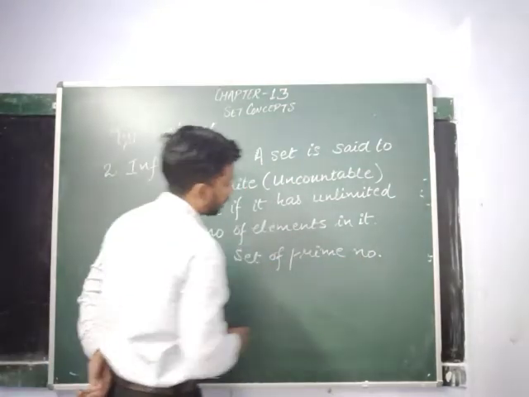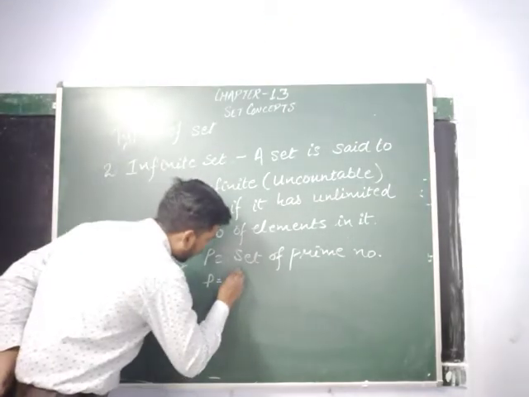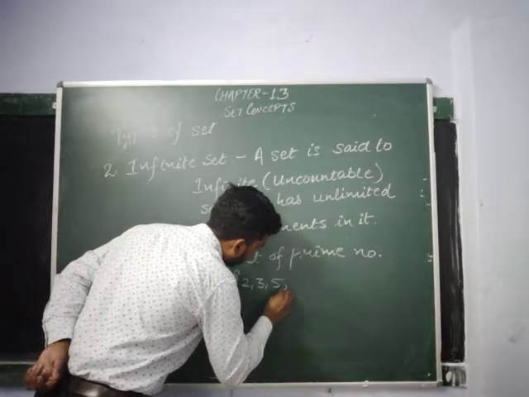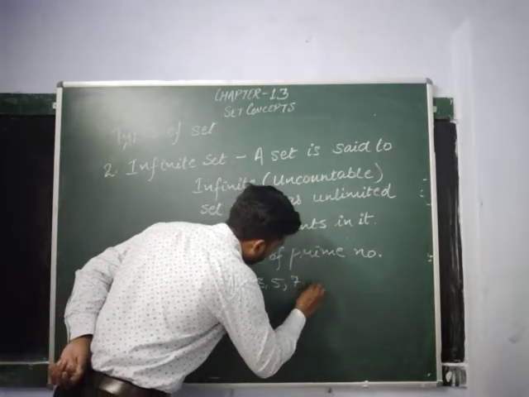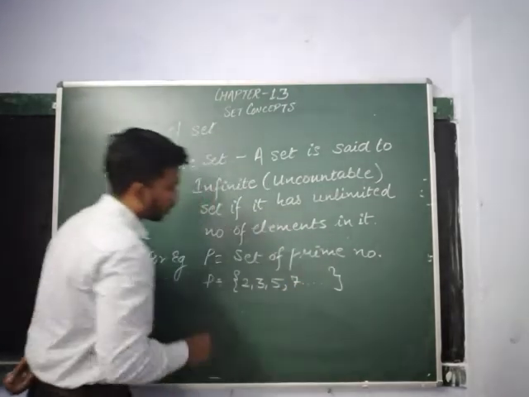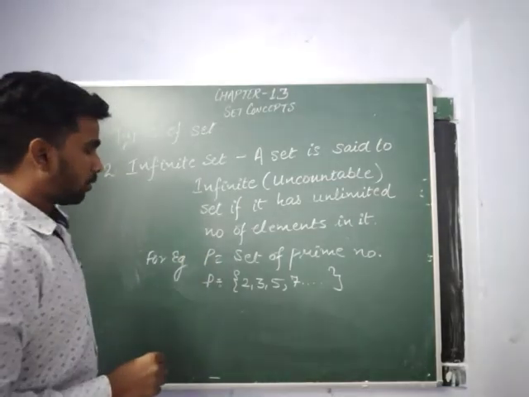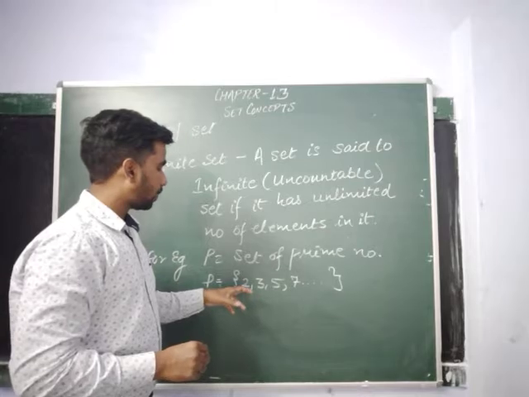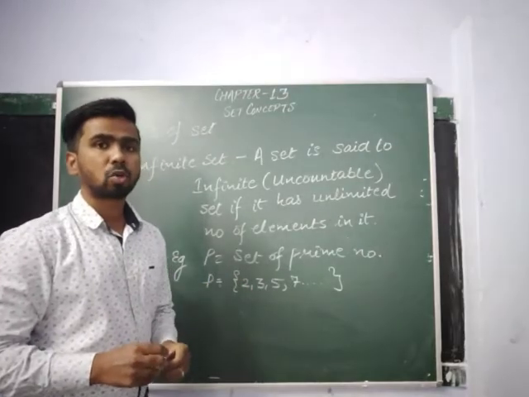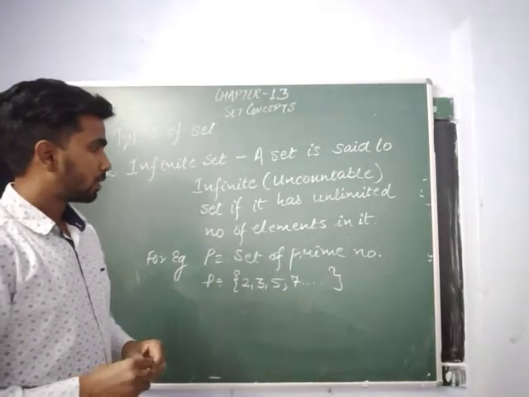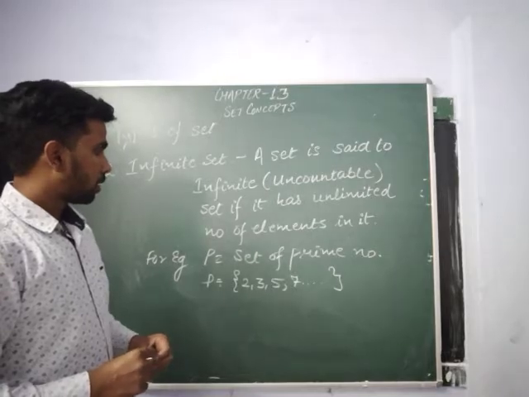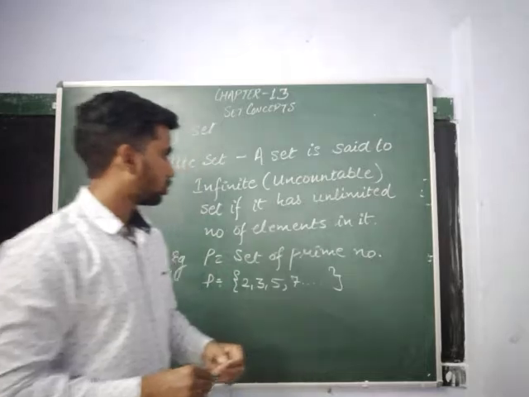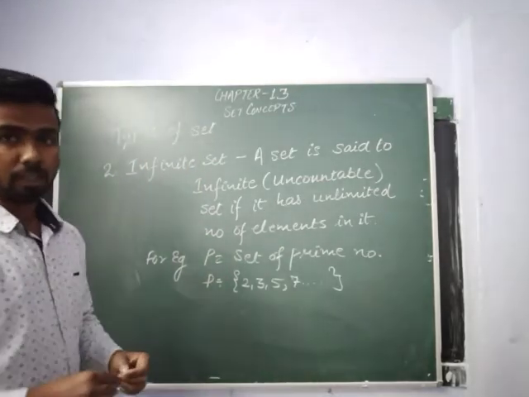There is no limit that are given in the prime numbers, so we will take 2, 3, 5, then 7 and so on. It will go up till infinity. First, understand what are prime numbers. The numbers which are being divided by 1 or by itself is called a prime number. I hope it is very clear. So here you can see there is no limit, so it is going up till infinity. So this is called the infinite set.